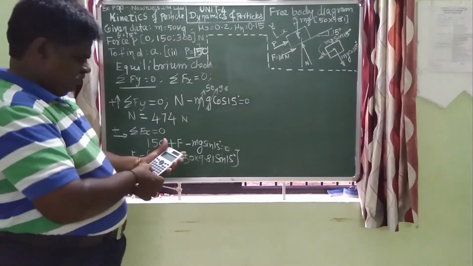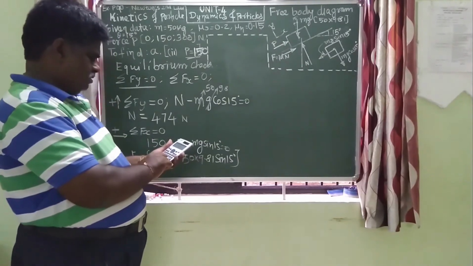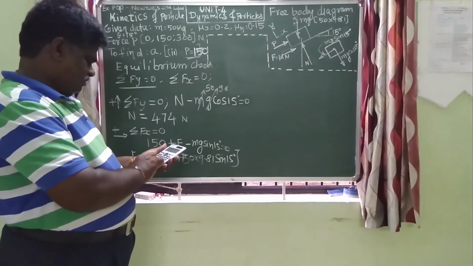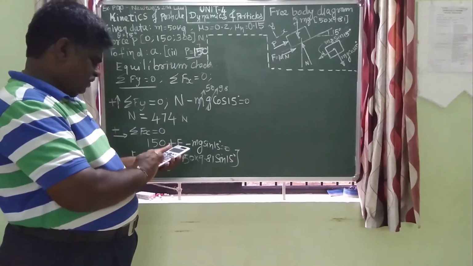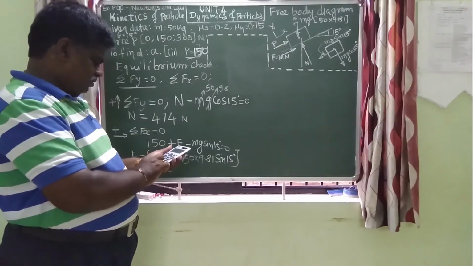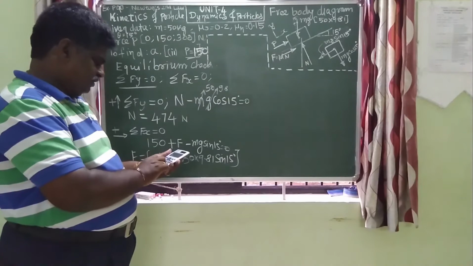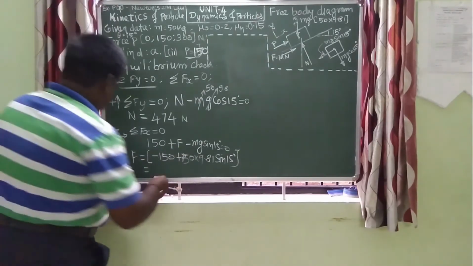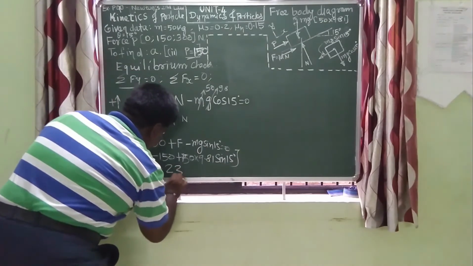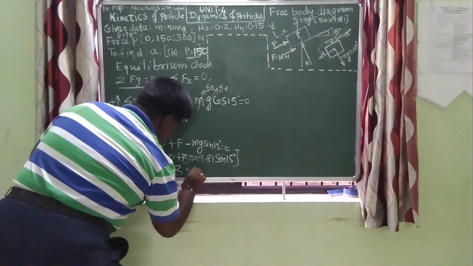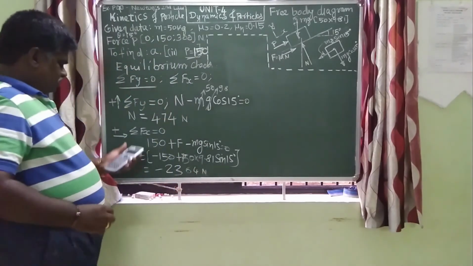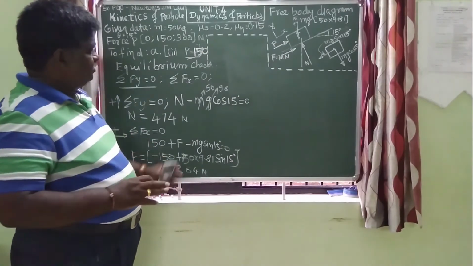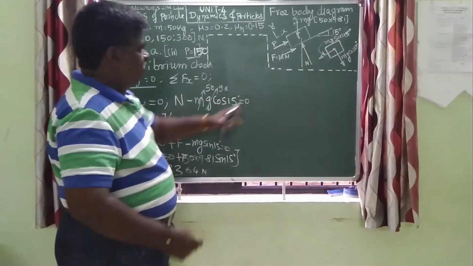From that, minus 150 plus 50 into 9.81 into sin 15 degree, we got minus 23.04 Newton. Next, verify whether the block is moving or not by using the frictional force.